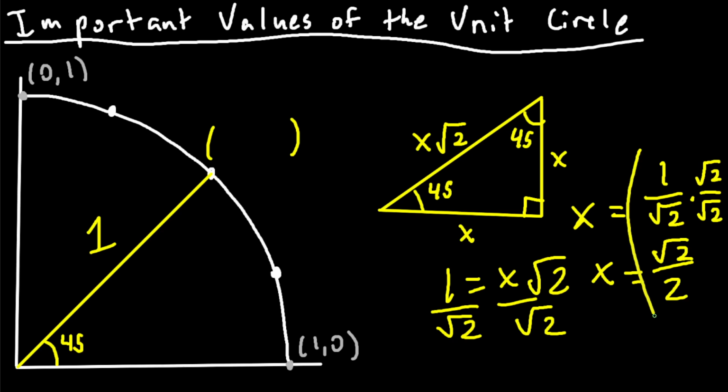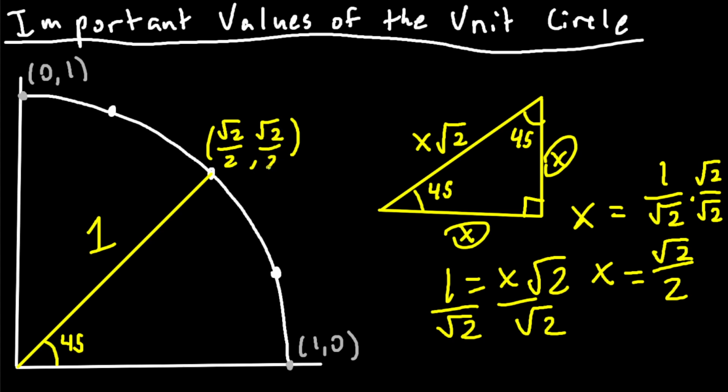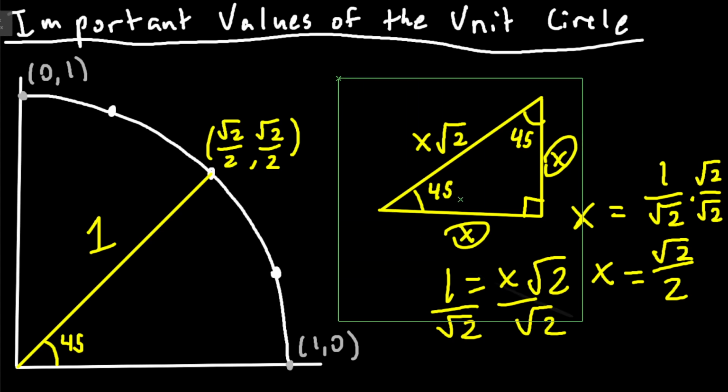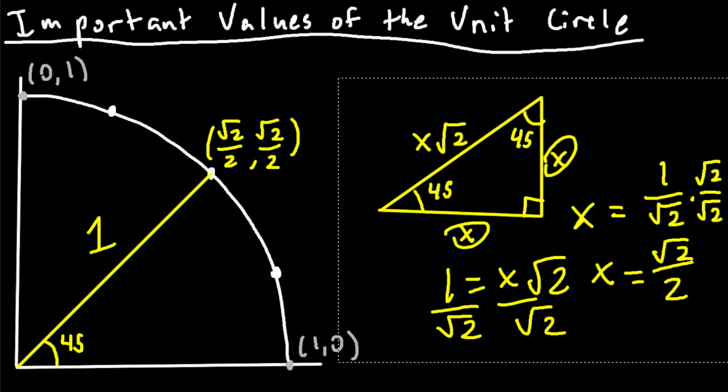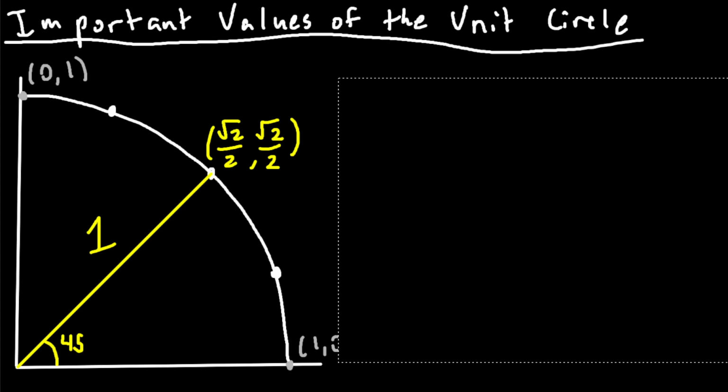So these two things are the same thing. I just multiplied by 1, a very special kind of one. So we know that both of these lengths here are going to be the square root of 2 over 2. So let me just write that. Okay, cool. We just figured out a whole length of the unit circle, a whole point for that area.